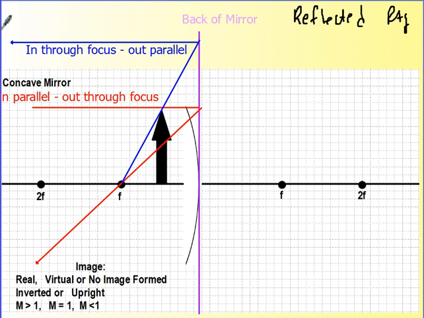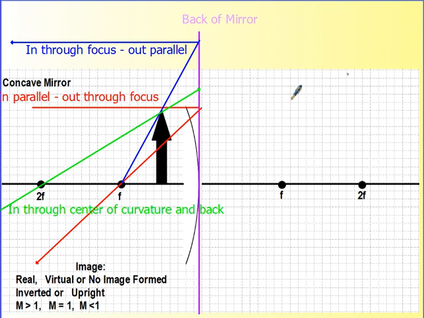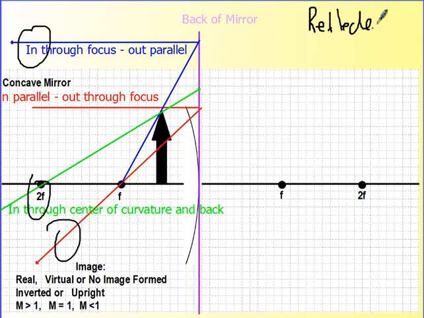Here's a reflected ray and here's a reflected ray. They're not intersecting. Now, draw in through the center of curvature and back, and you'll see these three rays do not intersect.